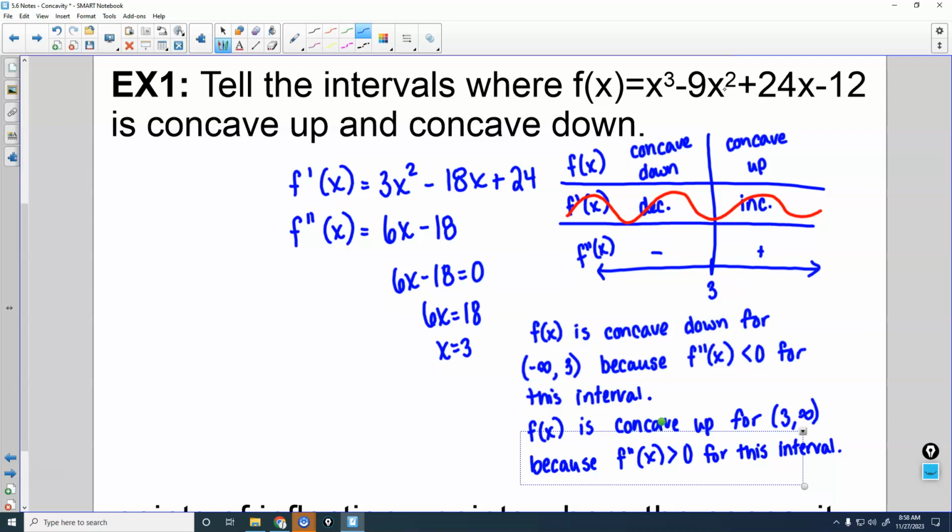You can look at the first derivative and talk about it being increasing or decreasing, but it's unnecessary because to know that, you have to look at the second derivative, so it would just be an extra point of explanation that doesn't have to be said. You definitely cannot do it by only looking at the first derivative. You have to look at that second derivative because you can only tell if f prime is increasing or decreasing by looking at its derivative, which is the second derivative.